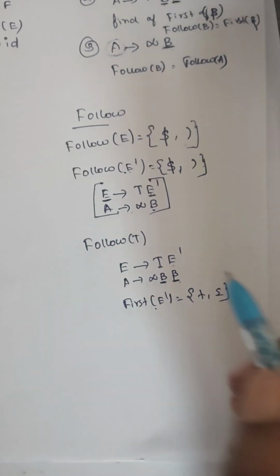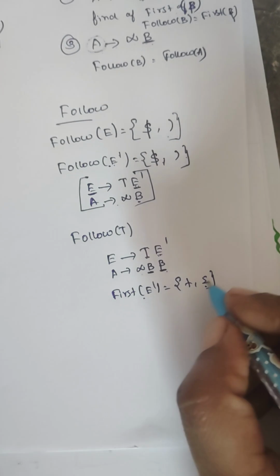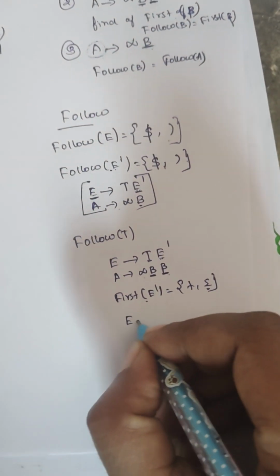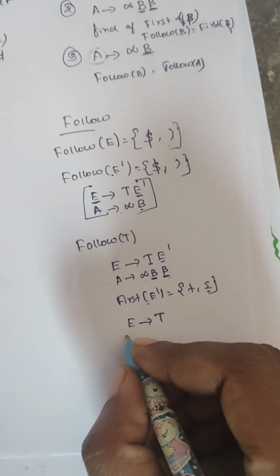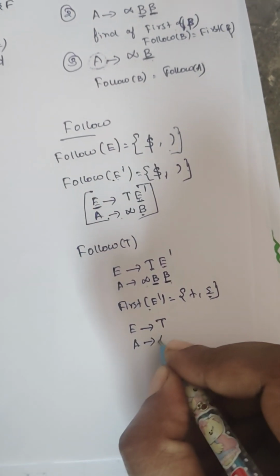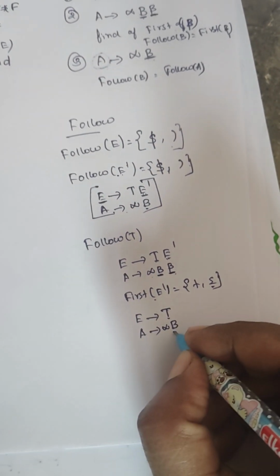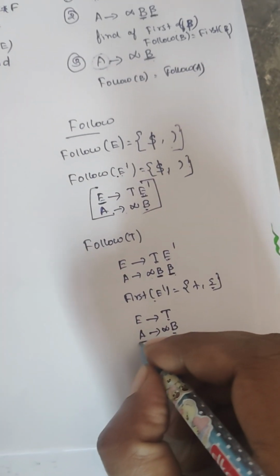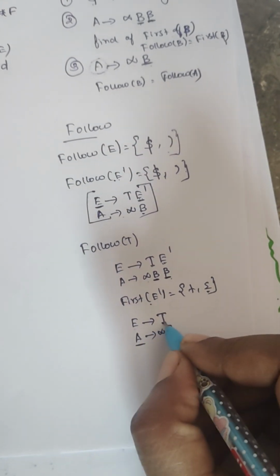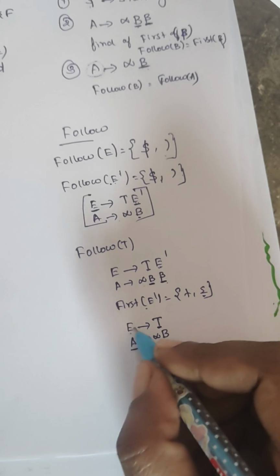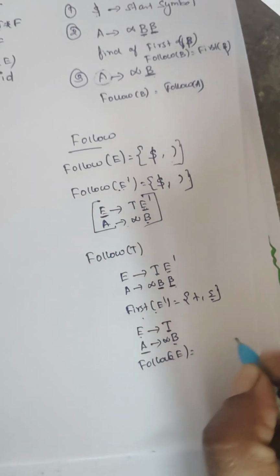If you substitute this epsilon in E dash, then this expression will be like this. This is like our rule A tends to alpha B, so in this case we need to take FOLLOW of E also.